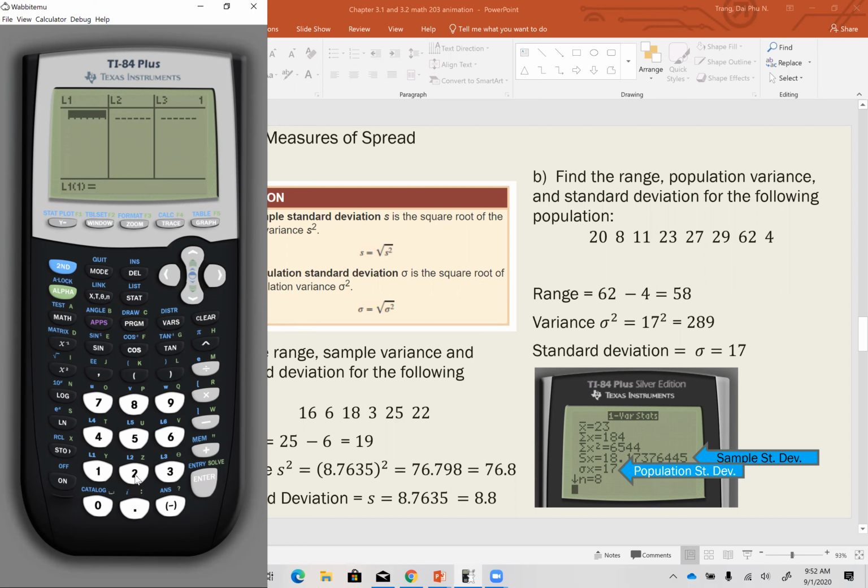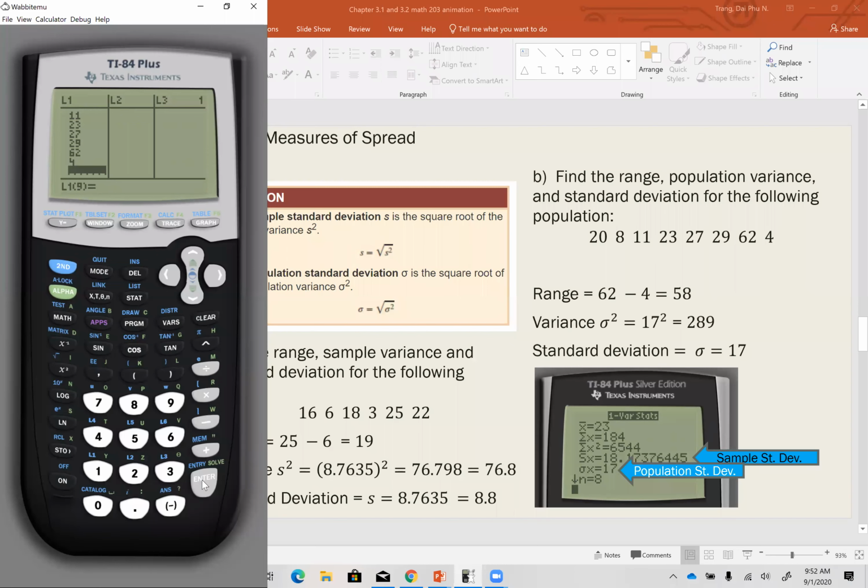And again, all you do is you type in your data, which is 28, 11, 23, 27, 29, 62, and 4. So hopefully, double check your answer.